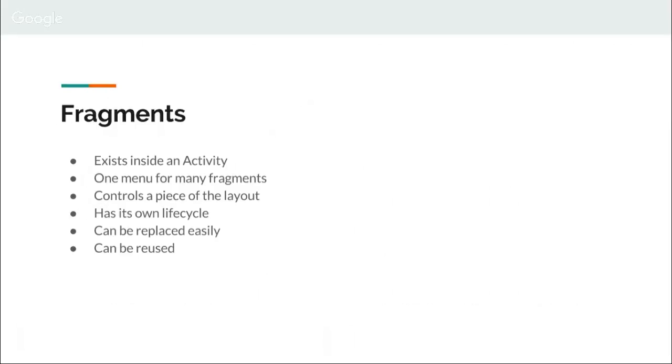We can make pieces of the layout and change them dynamically. Right. And those are the main characteristics of a fragment. They can be reused, are contained, and we can integrate them with an activity to reuse the assets of the activity, like the menus or anything that was defined in the activity.